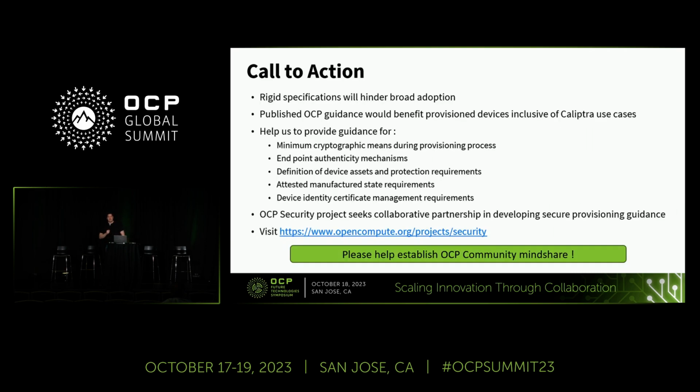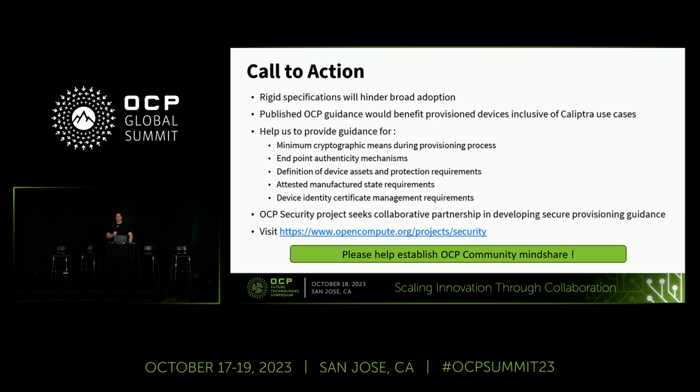So the call to action, really, we would like for there to be some kind of guidance from Open Compute on what is necessary and what is recommended for how to do this. It doesn't necessarily have to be a rigid spec, but there has to be some measure of what is acceptable and what is not acceptable, general guidelines, and goals for how to do this so that when people consume devices, they are confident that they are correct.